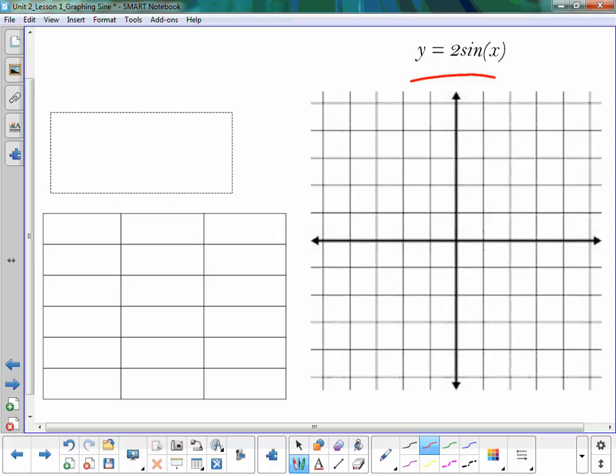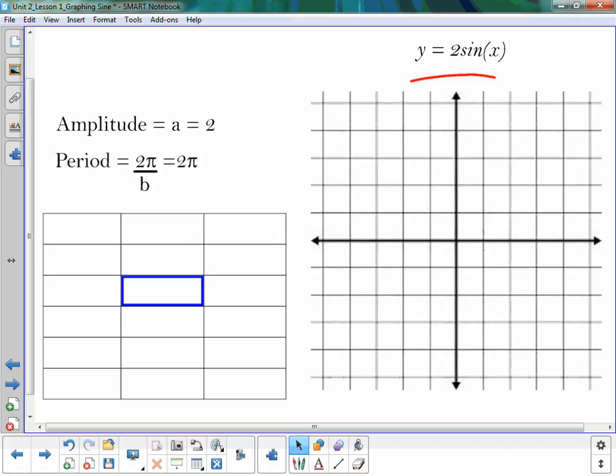The letter B has stayed the same, but the letter A changed from 1 to 2. That means my amplitude is now 2, and my period stayed the same because B stayed the same. So I'm still going from 0 to 2 pi.